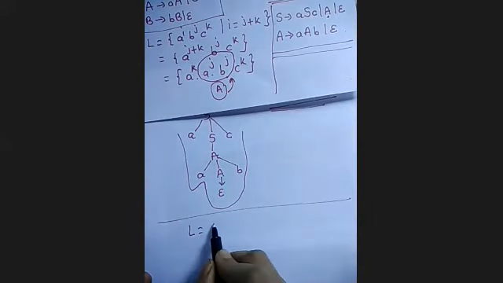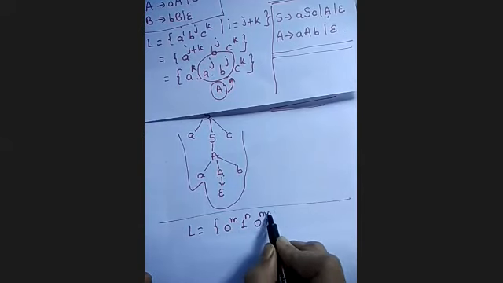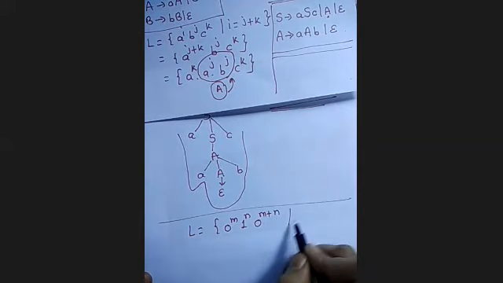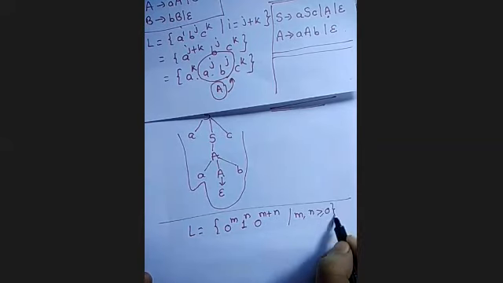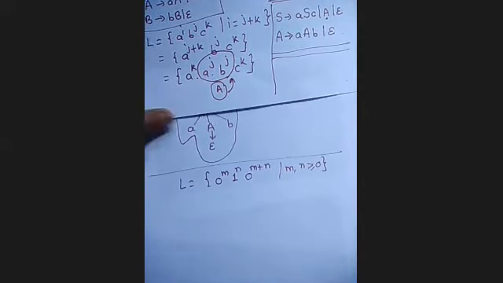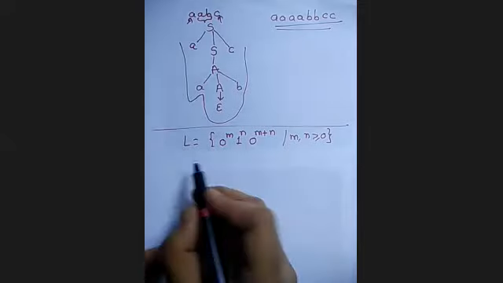Okay. So next problem I will give you now. Let my language L is 0 to the power m, 1 to the power n, 0 to the power m plus n. It is a similar type. अभी जो हमने solve किया right now the same type. Okay. So try it now.